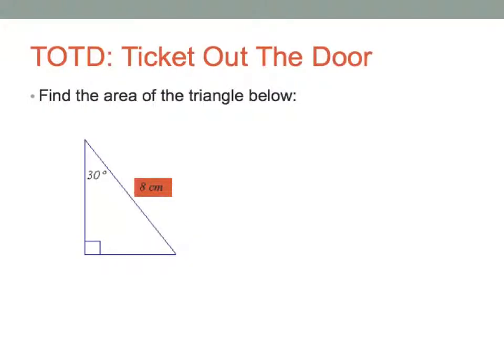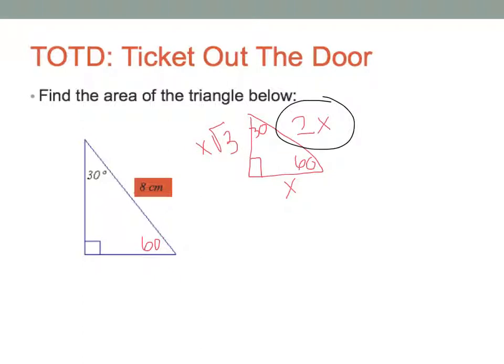And for those in class, the ticket out the door is find the area of the triangle below. It's again one of our special triangles, our 30, 60, 90 triangle. And remember, if we take it to the basic similar one, if I have my 30, 60, 90, this is x, this is 2x, and this is x root 3. So for right now, I have 2x equals 8. If 2x equals 8, then x equals 4.